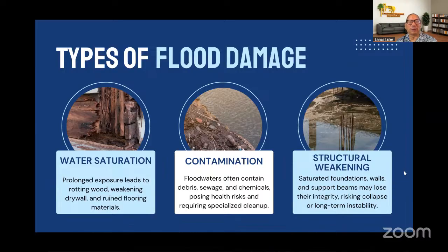And then also contamination. Floodwaters often contain debris, sewage, chemicals, posing health risks and requiring specialized cleanup. Now, in Hawaii, when there's a major storm and you have a lot of water, there's contamination, there's silt runoff, like for instance, into Kaneohe Bay.